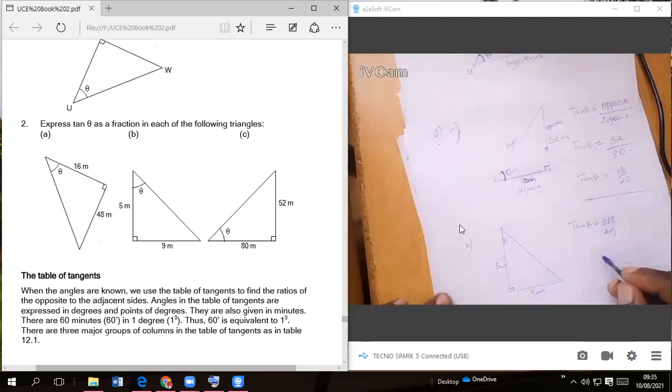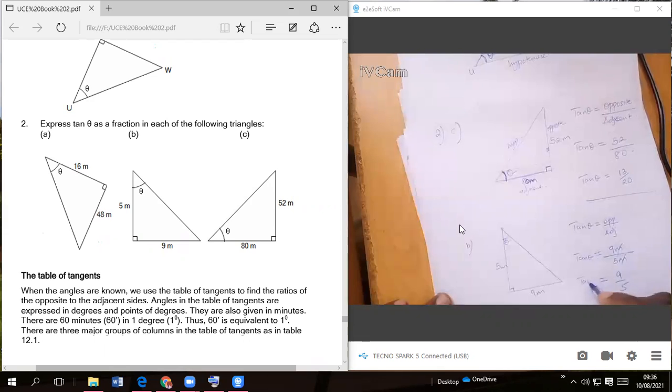Okay, so what is opposite? 9 meters. 9 meters out of? 5 meters. So your answer becomes 9 out of 5. Members, this is very good. Sandra, thank you very much. Let me clap for you.